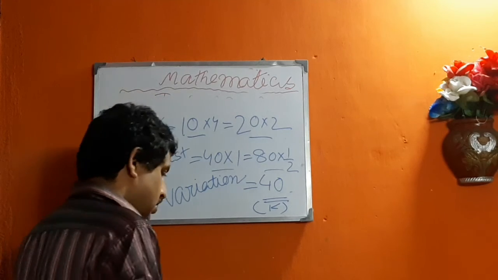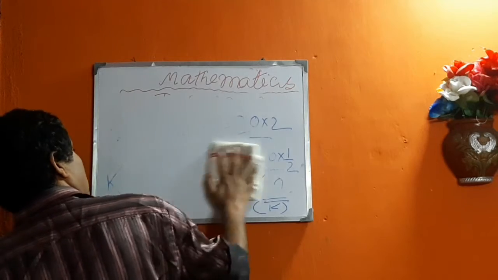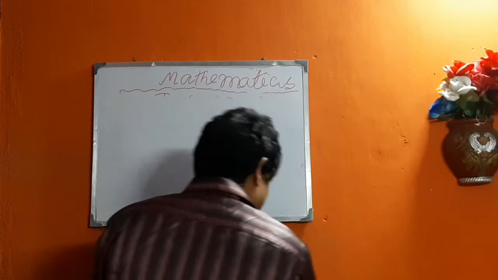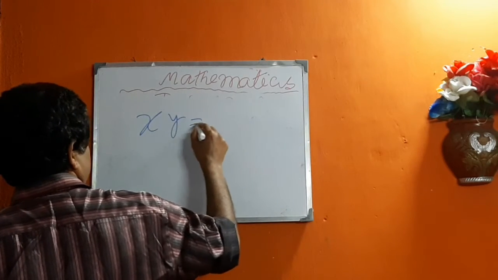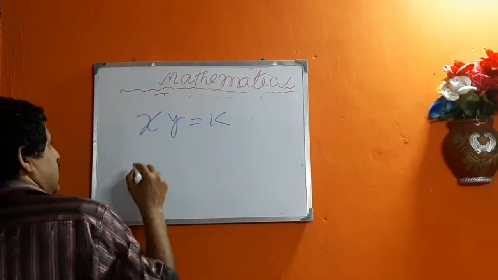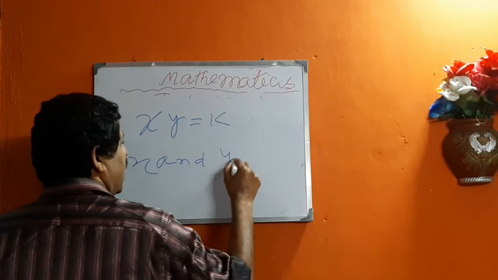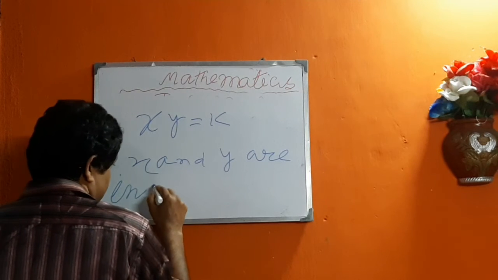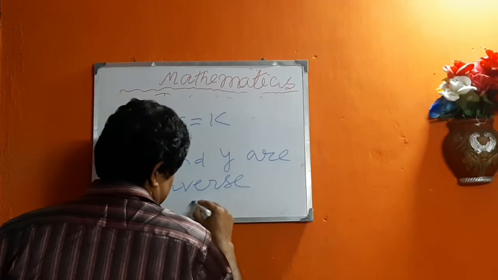So, mathematically, if x into y equals a constant, then we can say x and y are in inverse variation.